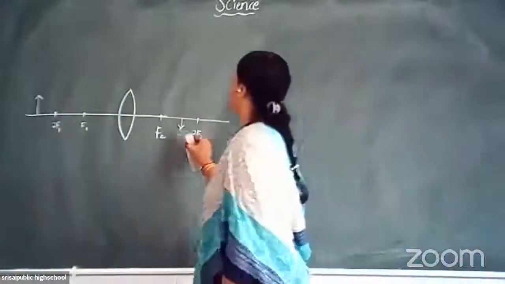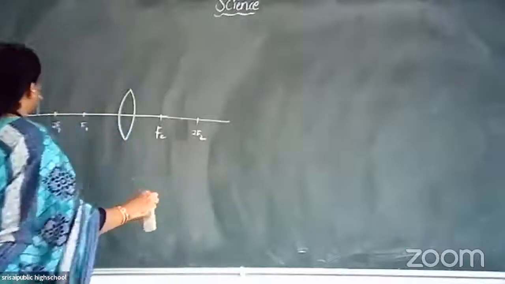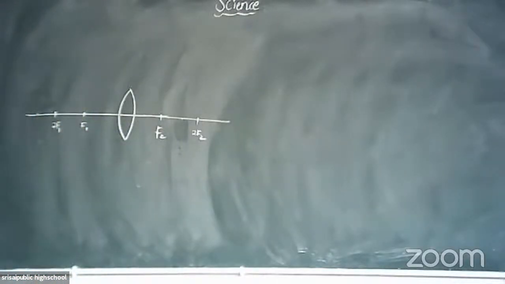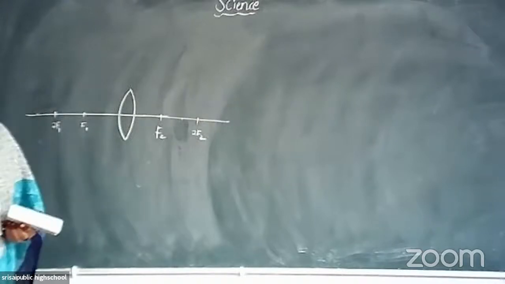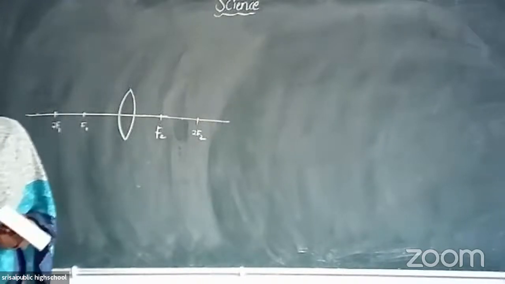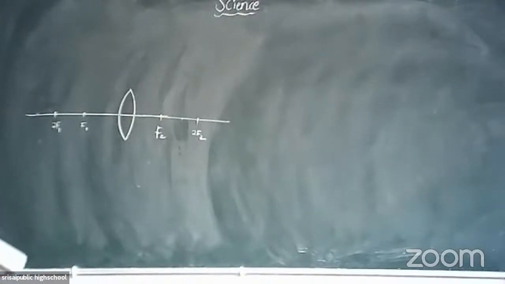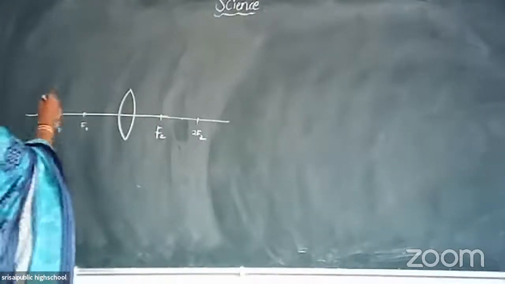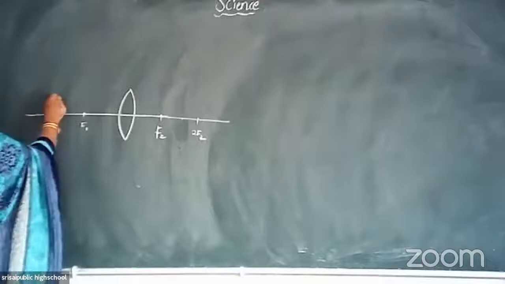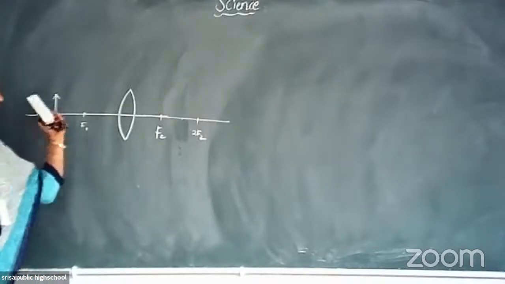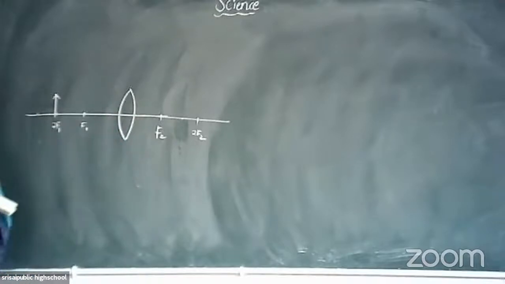What was the third case? Where do you want to keep the object now? At 2F1. Exactly at 2F1 we want to keep the object. When the object is at 2F1, where are you going to get the image?